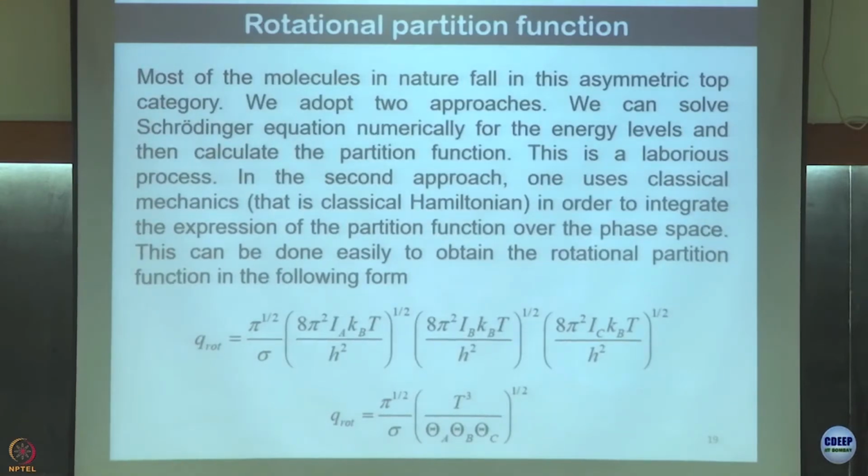Now, if it is completely asymmetric, then you have to work much harder. You have to write IA, IB, IC are completely different from each other, then you have to write them explicitly with their moment of inertia. There is a symmetry number that comes to take care of the symmetry of the Hamiltonian here, which is typically 2 or 3, but I forgot the exact origin of that.